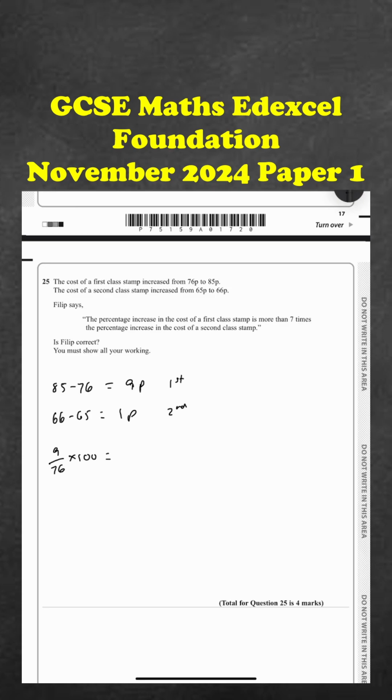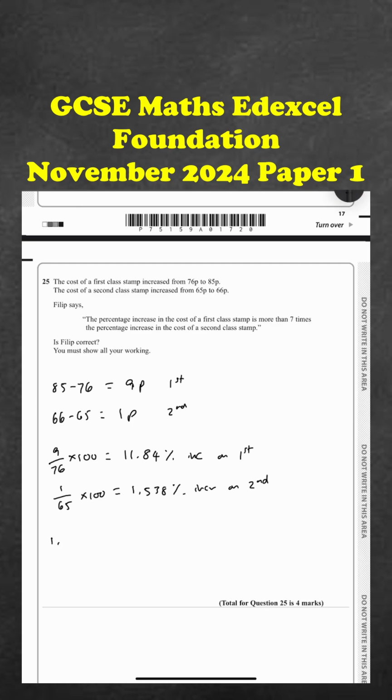And that is an 11.84% increase on first class stamp. 1 out of 65 times 100 is going to be the percentage increase on the second class stamp. And that gives us 1.538% increase on second class stamp.